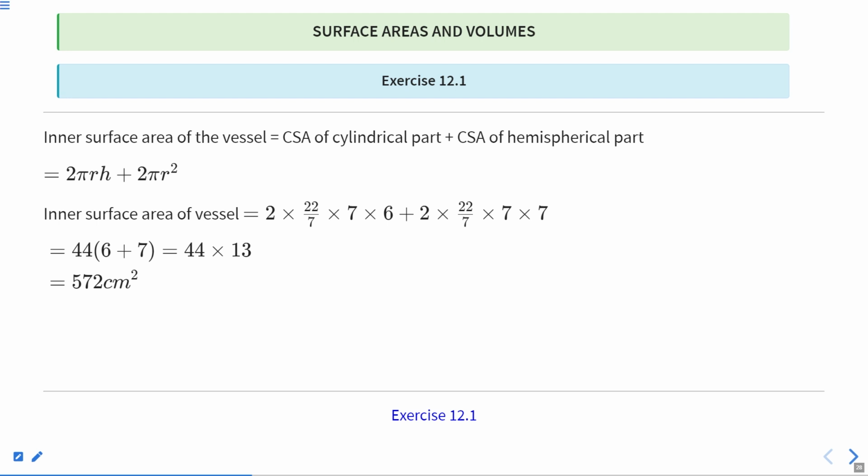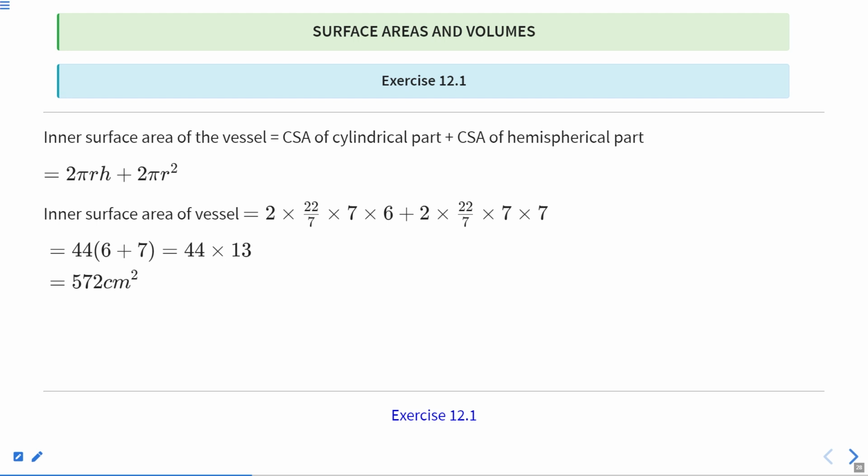We know the curved surface area of the cylindrical part is 2 pi rh, where r is the radius and h is the height of the cylindrical part. And the curved surface area of the hemispherical part is 2 pi r square, where r is the radius of the hemispherical part.